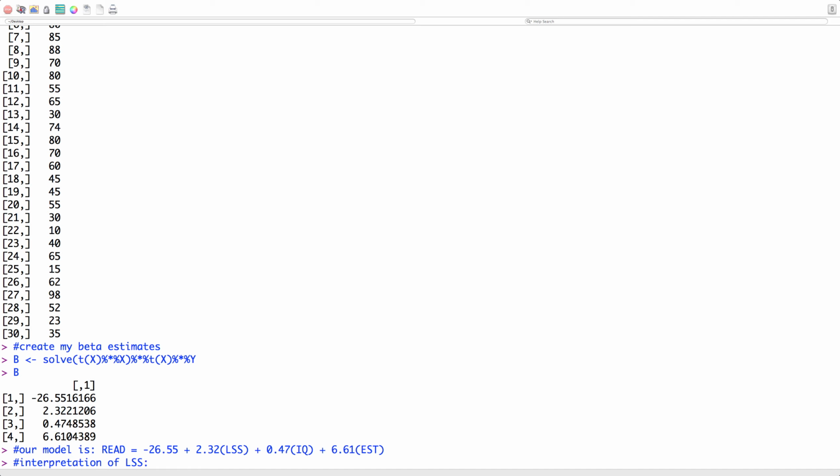So the interpretation of LSS, the beta coefficient estimate, is 2.32. So what we would say here is controlling for IQ and EST, the predicted read increases 2.32 units with each unit increase in LSS.